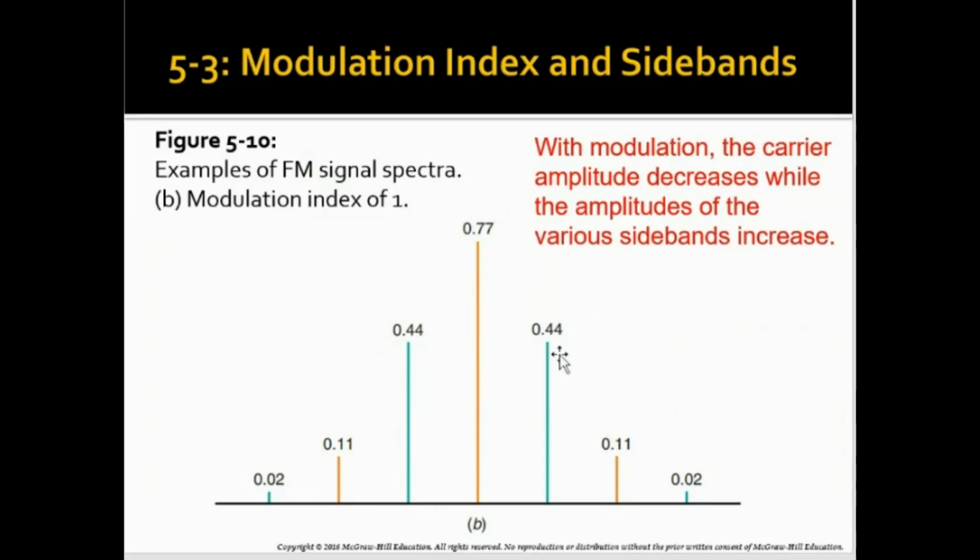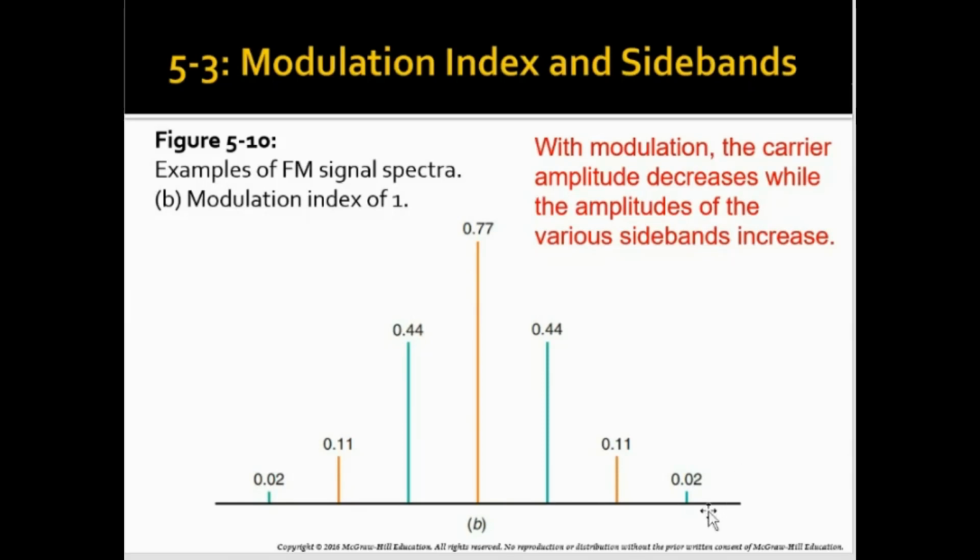You have 3 sidebands in positive and 3 sidebands in negative, the upper sideband and lower sideband. Of course, the amplitude of each pair is the same: 0.44, 0.11, and 0.02. The rest have lower power and don't show.